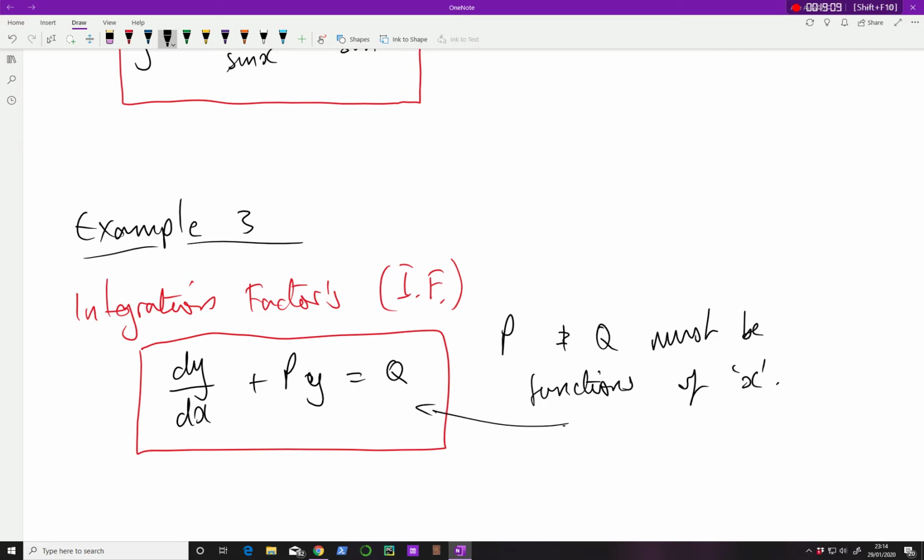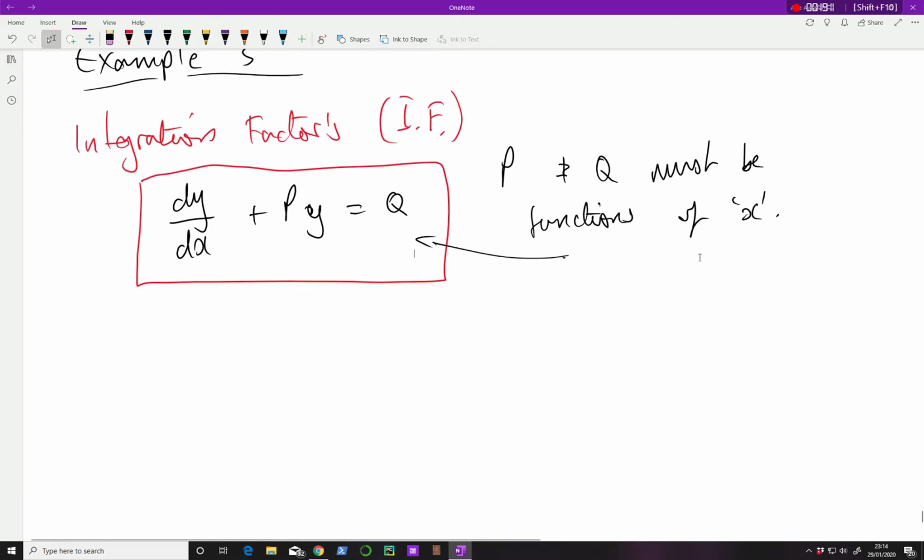And then the integration factor is, you will now take p and you will just turn it into this.